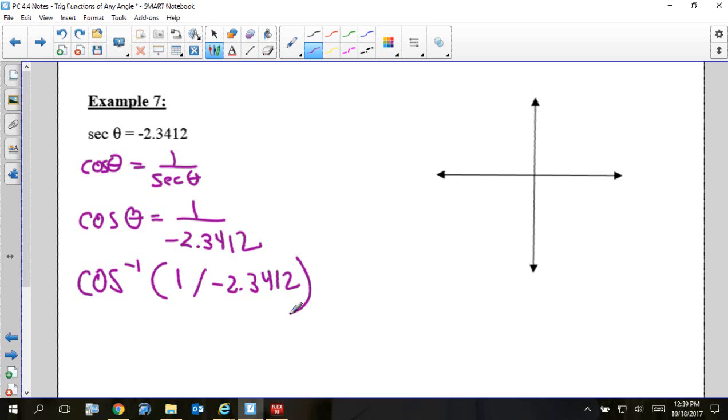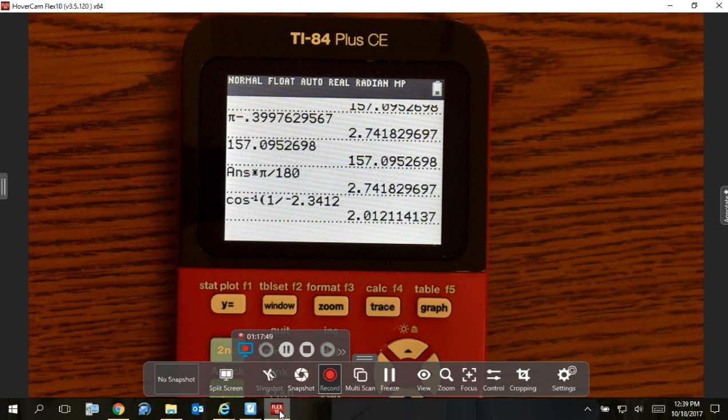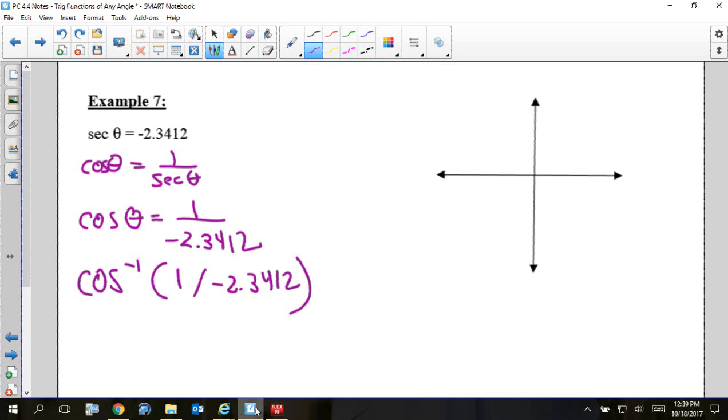You did that on your calculator? Approximately 2. You got a big number that looks like 2.01211. Did you get it? So that would be our radian answer.